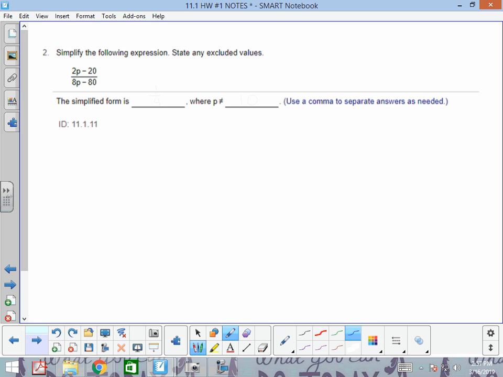All right, number 2. This time we have a binomial in the numerator and a binomial in the denominator. When you have a binomial or a trinomial, you need to try to factor. For 2p minus 20, the greatest common factor is 2.